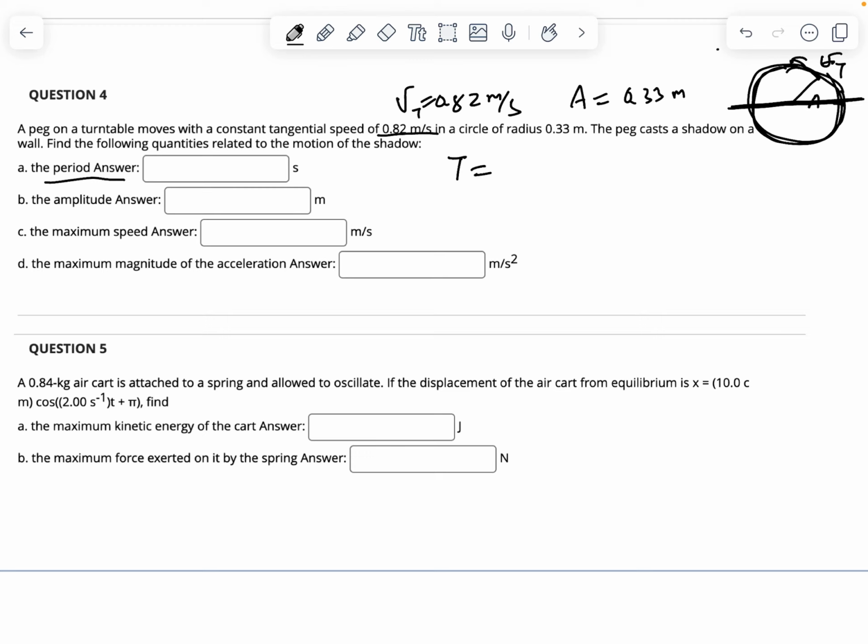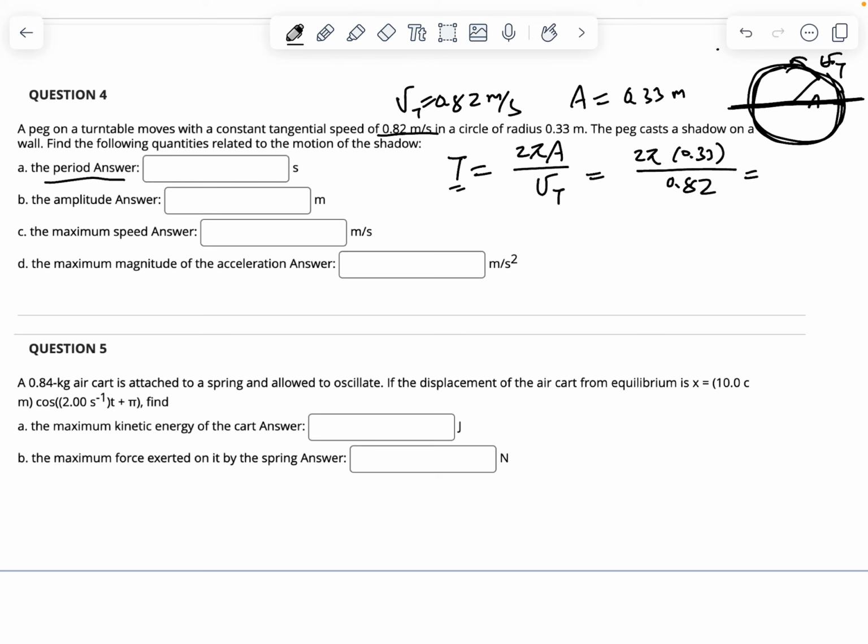So the period for uniform circular motion is distance over speed. Distance is one circumference, 2 pi A, divided by speed. So that's the period: 2 pi times 0.33 divided by 0.282.